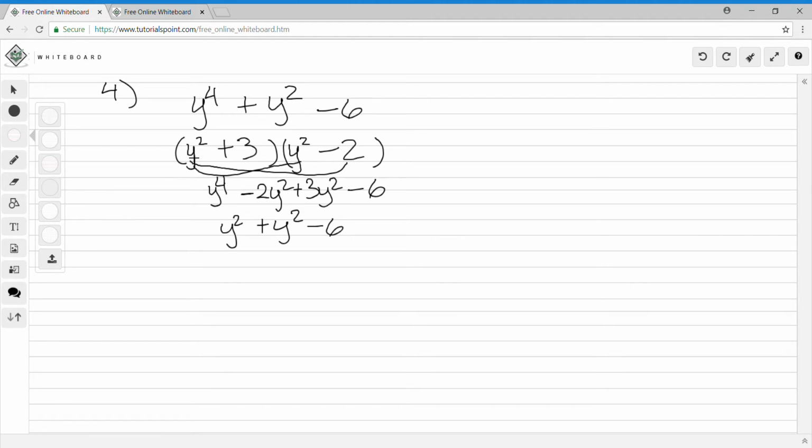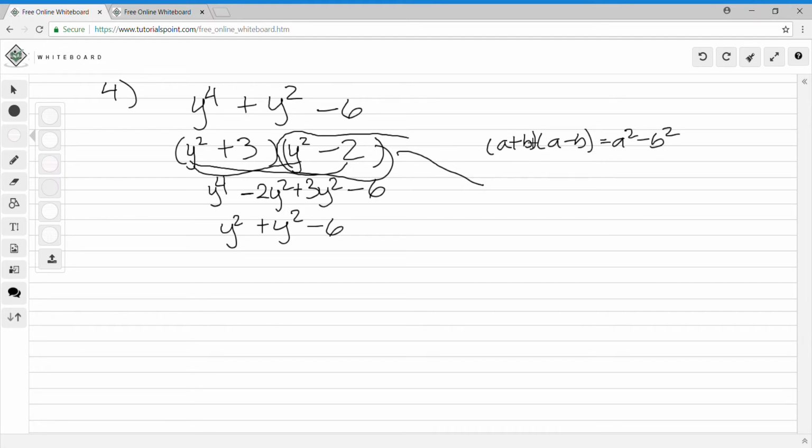Okay, so let's look at this. We have y squared plus 3 times y squared minus 2. Can we factor it out even more? Yes, but we can only factor out this one, right? The y squared minus 2. This is the difference of squares, right? You know what that is, like a plus b times a minus b equals a squared minus b squared.